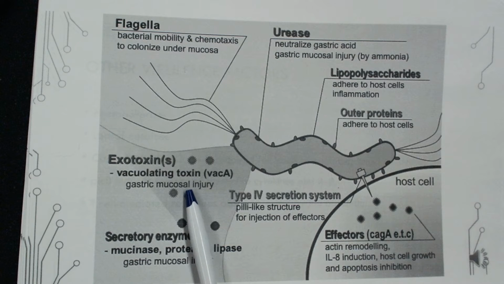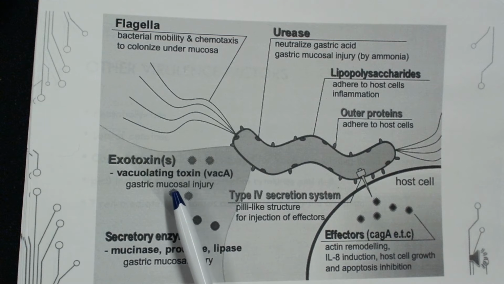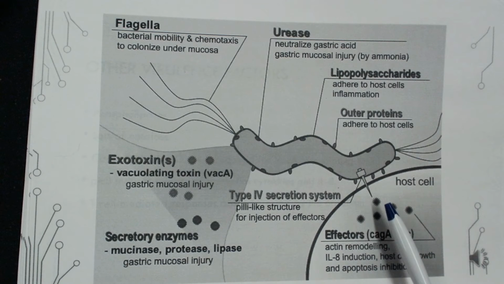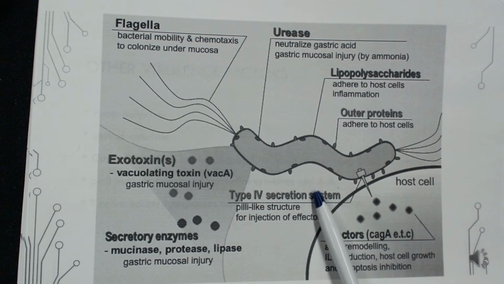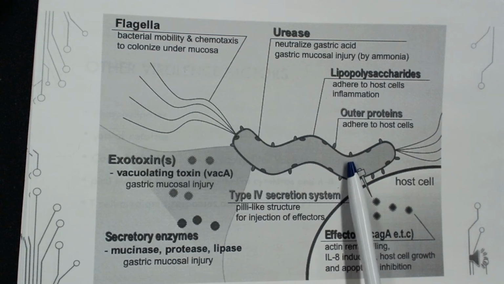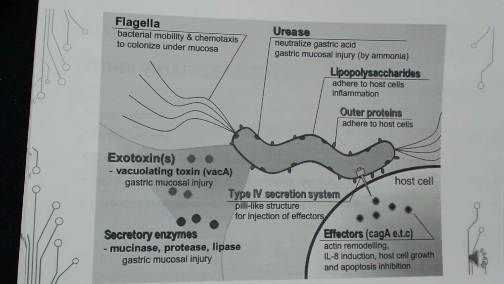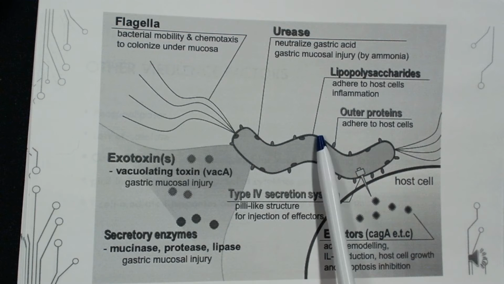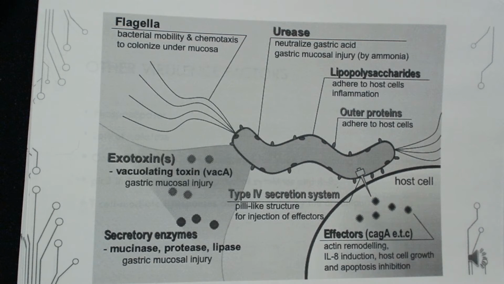It makes a toxin called a vacuolating toxin, VacA. The vacuolating toxin damages gastric mucosa. The gastric mucosa now leak nutrients to the organism that helps feed it. It can also break down mucus, and also makes proteases, lipases. Those can also potentiate greater host cell damage and feeding of the organism and invasion into the gastric mucosa.